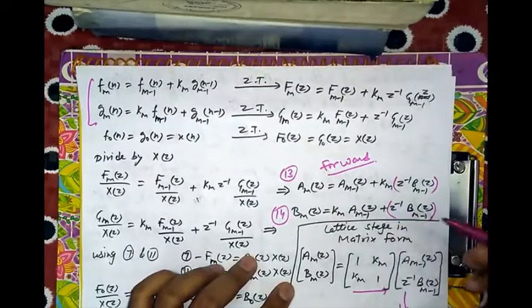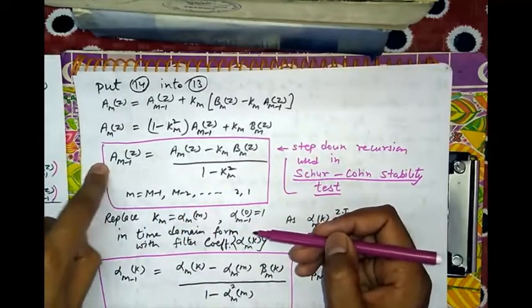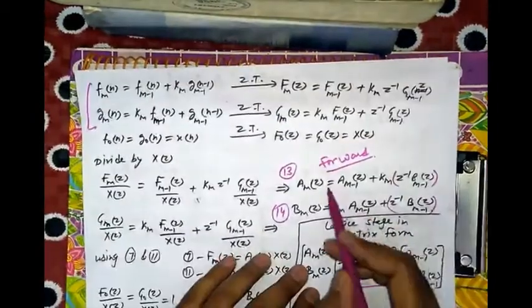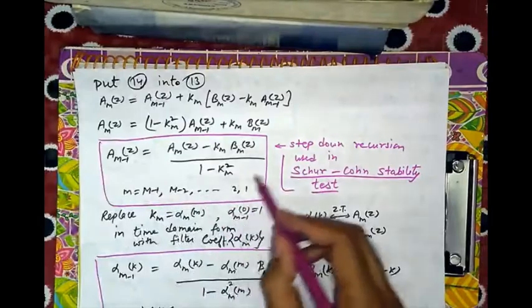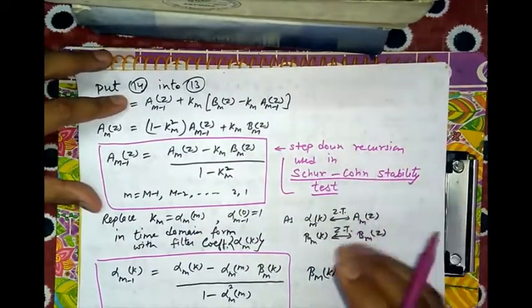That is, we are moving in the forward direction in this equation and in the backward direction in this equation. We are checking out the past values in this equation, and the future values in the other equation. That is what forward iteration is, and this is reverse or step down recursion.